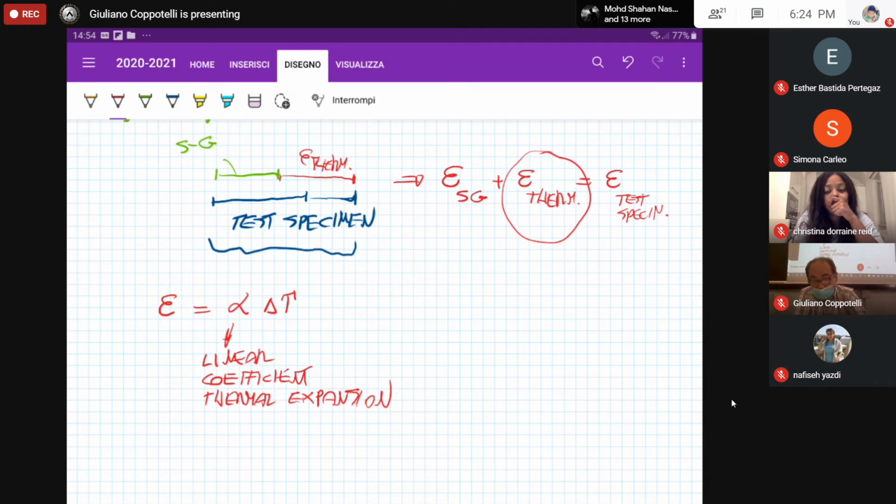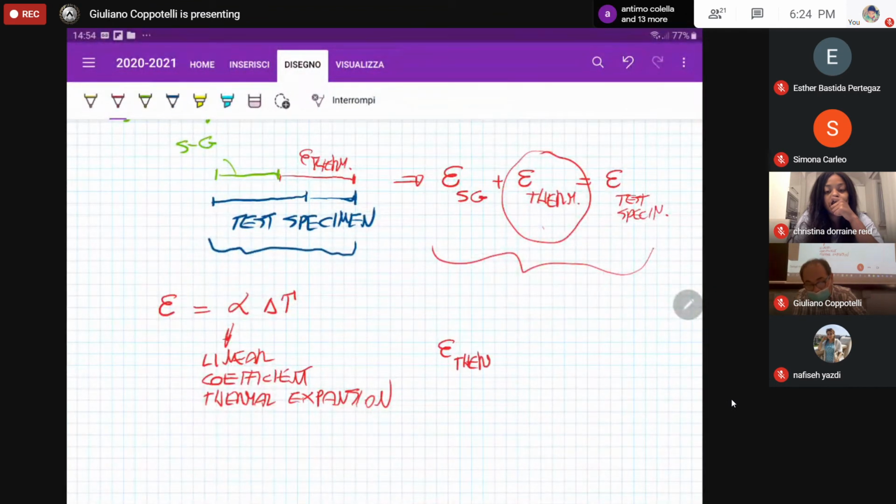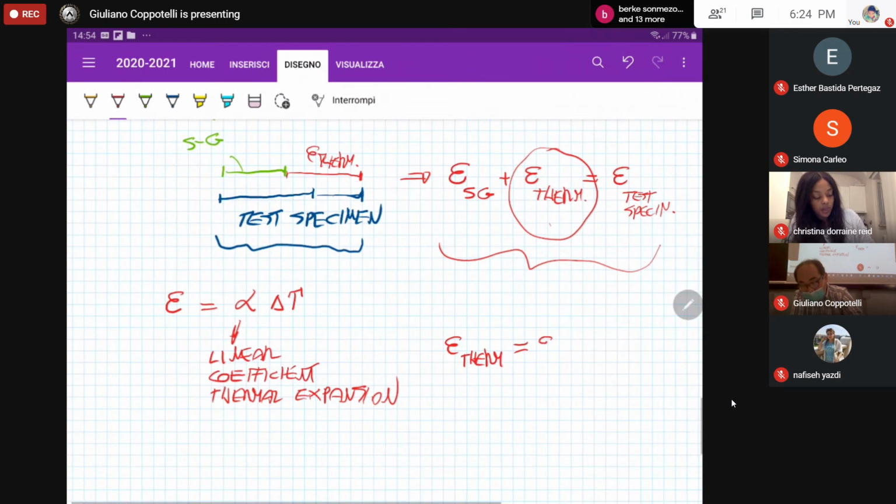So if you are looking for the effect of this temperature field on the strain field, we are looking for what I call epsilon thermal. By referring to this equation, the unknown thermal effect on the strain is given by the difference between the strain of the test specimen and the strain of the strain gauge.